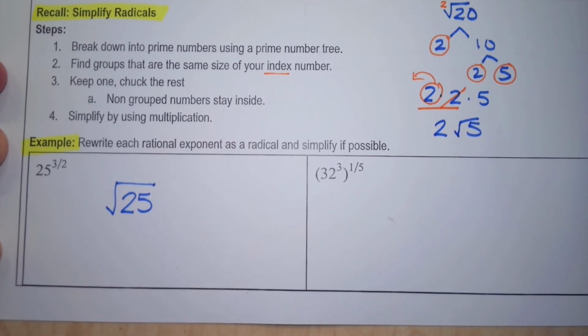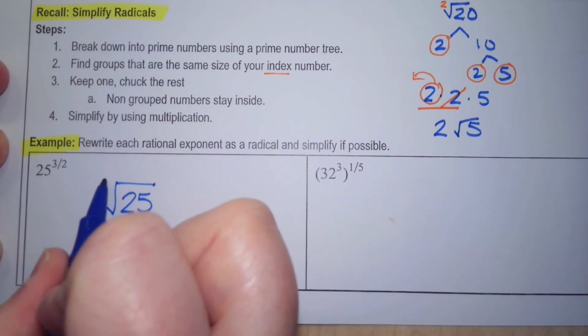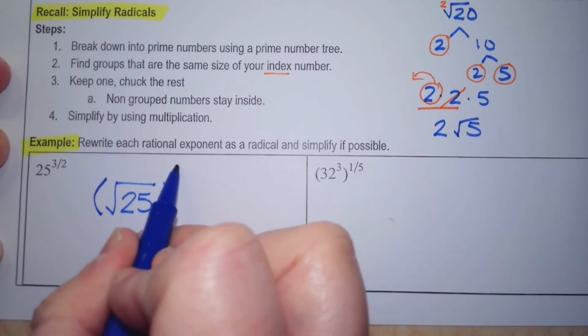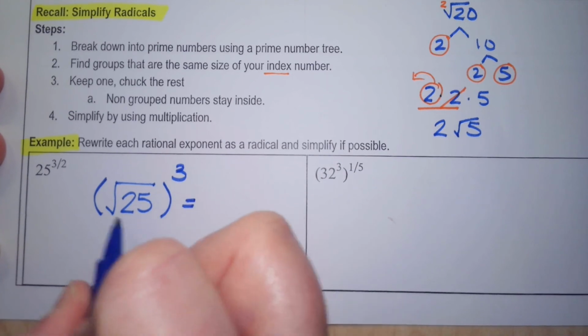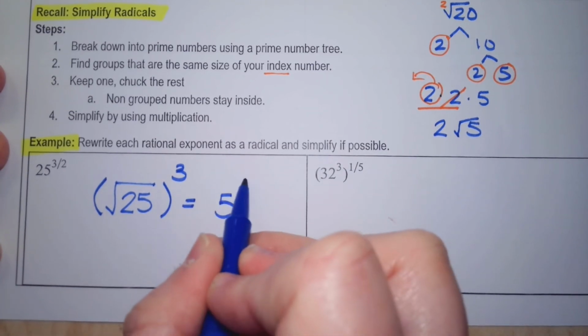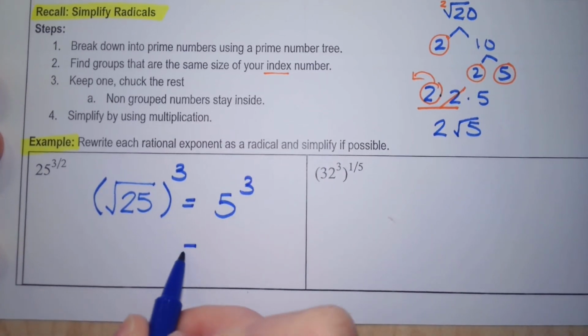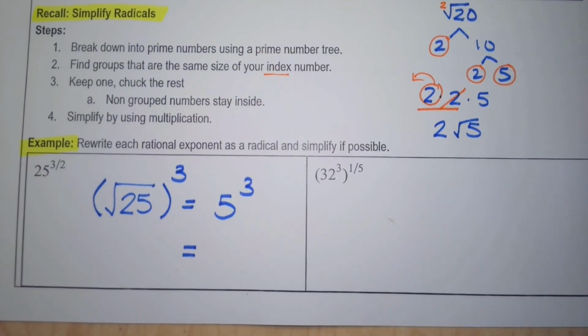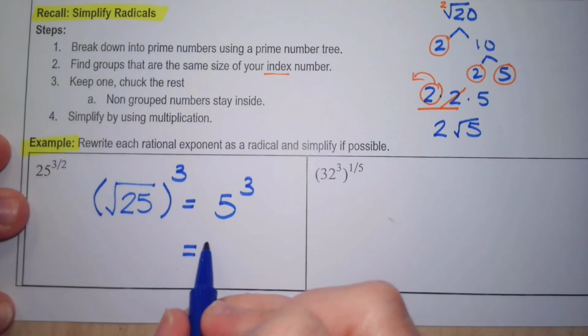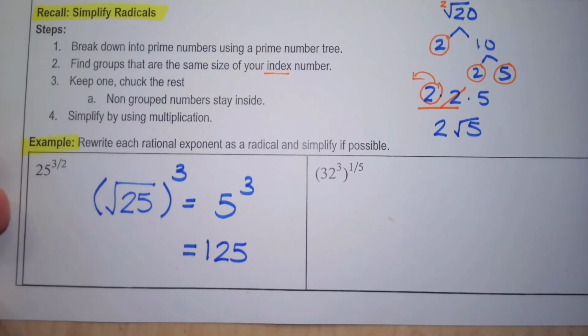Now, when I'm simplifying, I always go the parentheses route, because I like to see if this can simplify. So here, square root of 25, it does simplify. Square root of 25 is 5, and then we have it to the 3rd, and then we calculate 5 to the 3rd, which is 125.